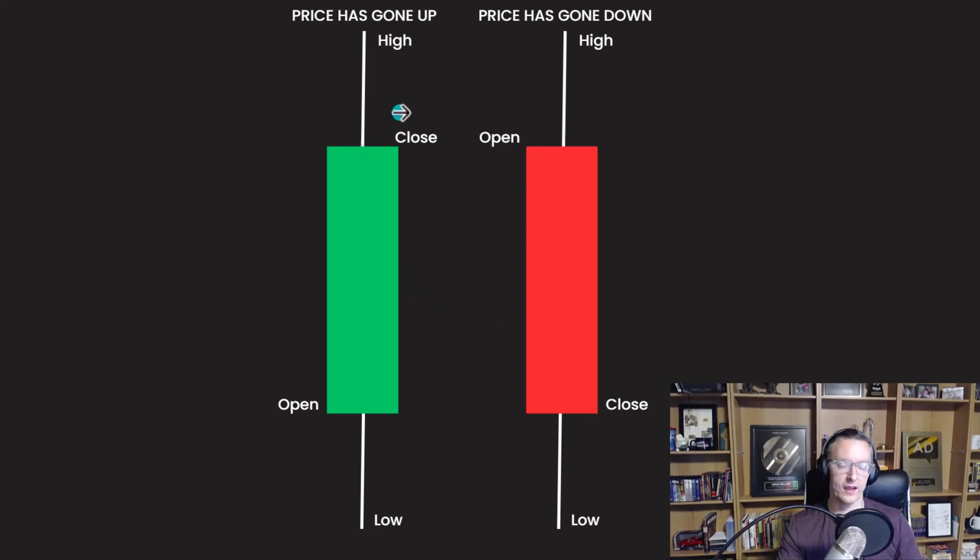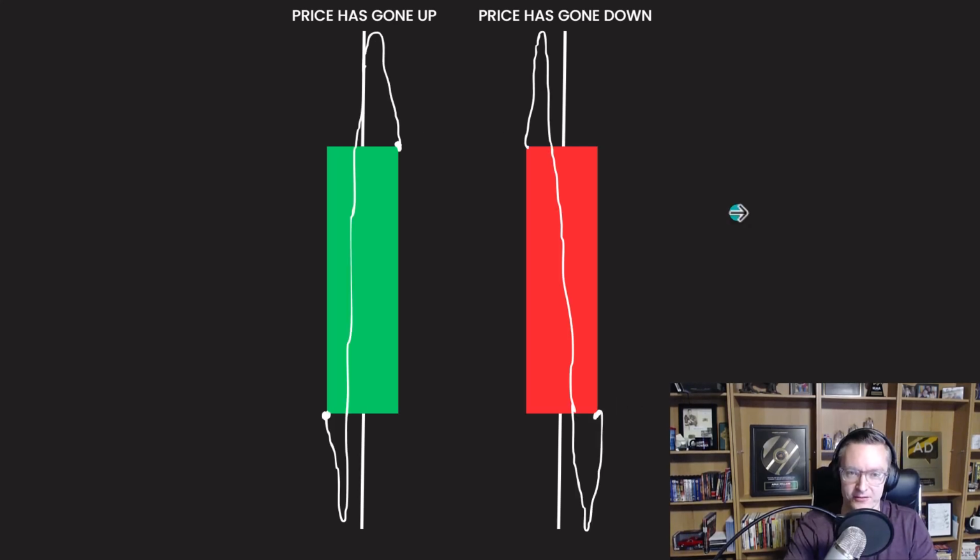Now, what is the wick? That means in between the start and end of that candle, left to right, the price in this case had gone high and low and come back all the way up to here. And I think I had an ugly drawing of this all the way through. So again, the price has gone down and all the way back up and then finished here.